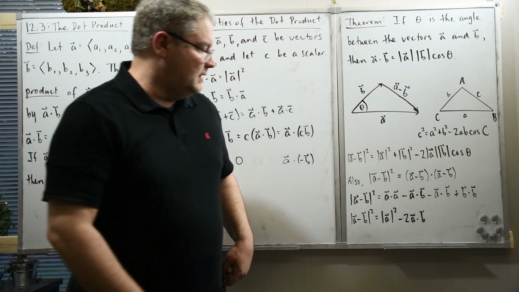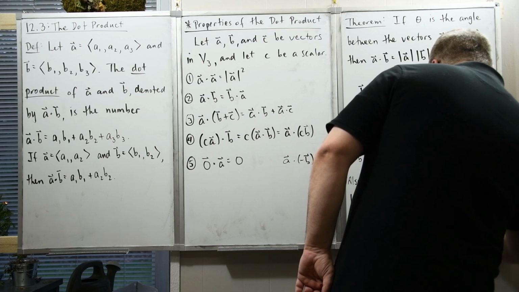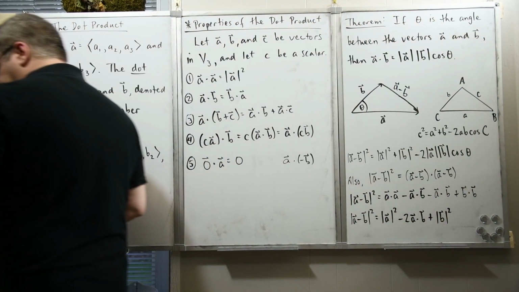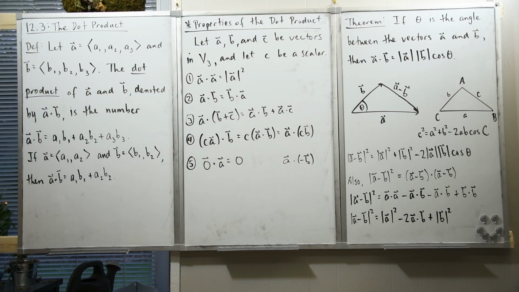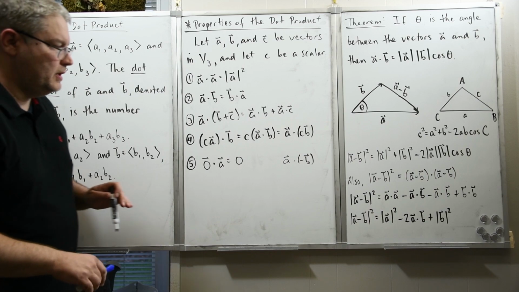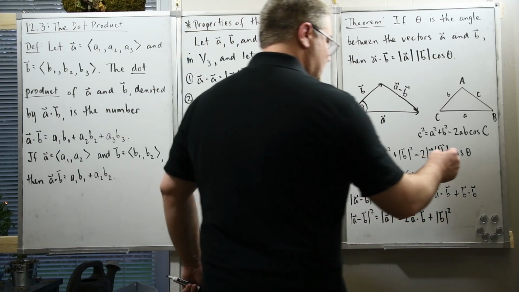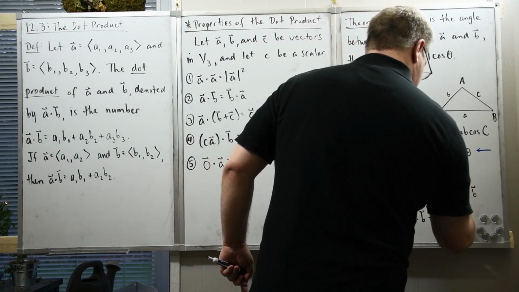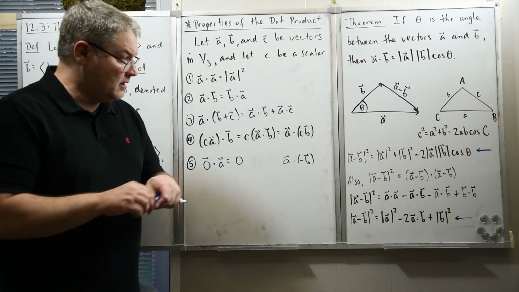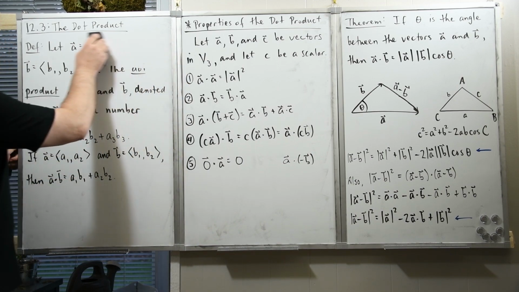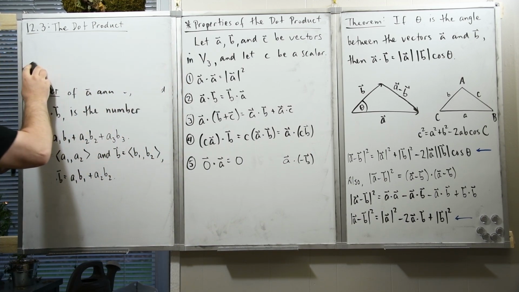And then your b dot b is the same thing as the square of the magnitude of b. So we now have two different representations for the square of the magnitude of a minus b. We have this representation right there. We have this representation right there. Both of these representations are representations of the square of the magnitude of a minus b, so those expressions must be equal to each other.